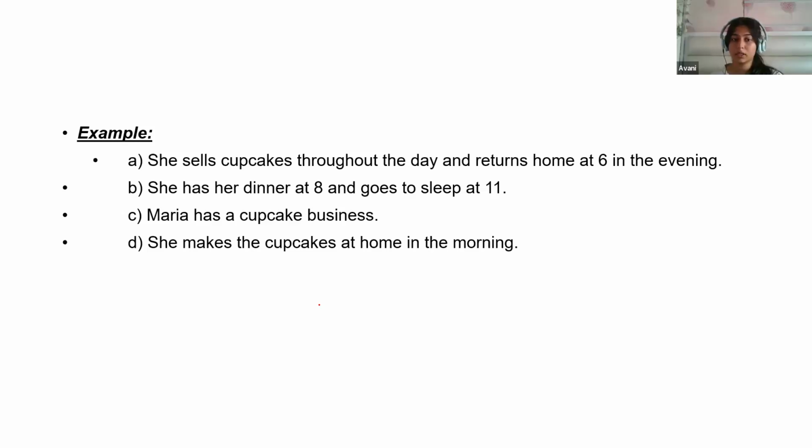She makes the cupcakes at home in the morning. And then comes she sells cupcakes throughout the day. And here it talks about she has dinner and goes to sleep. So going to sleep will come last. And in the middle, before that, will be she sells cupcakes and goes home in the evening. So this is a simple chronological order.